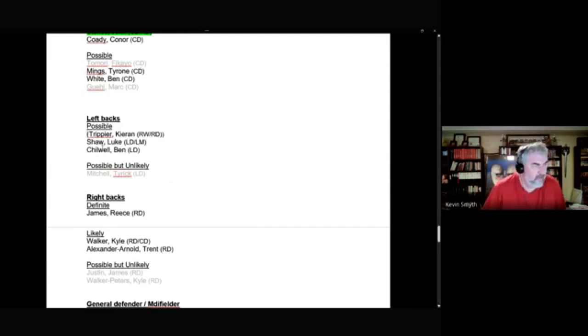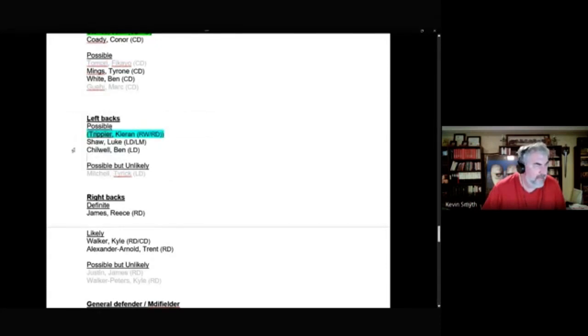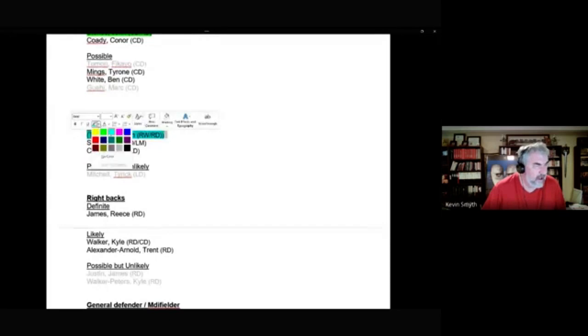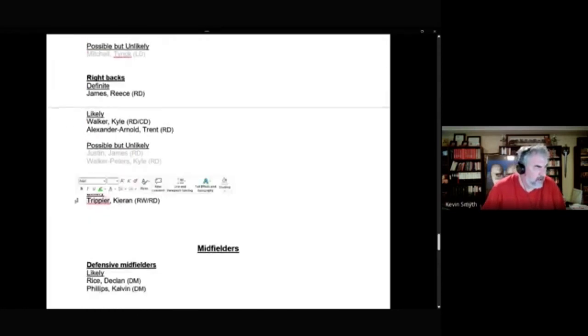But I'm not confident enough to say that any of them will be a starter. So, well, I think Trippier will be a starter somewhere on the field, not necessarily as the left back. But I won't put him as a starter here. I'll put him as a starter below here.